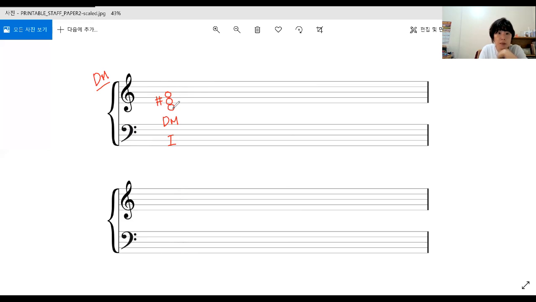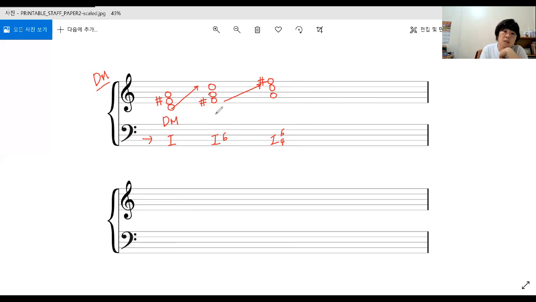This D will go up, and then A and F sharp remain, right? So this one is still D major, but in the Roman numeral, it's 6, right? And then A and D remain, but F sharp goes on top, and then 1, 4, 6, like that.